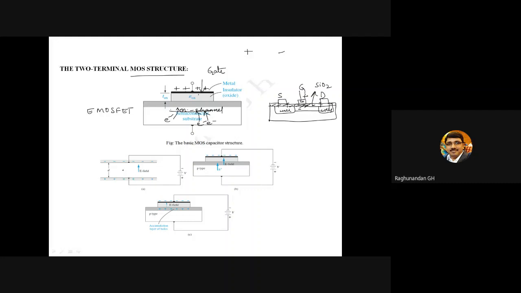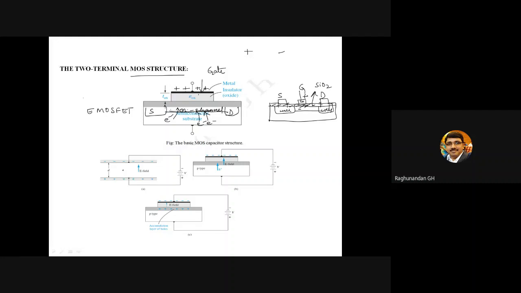We have to construct the channel. To construct the channel, we have to apply a positive electric field. When you apply a positive electric field, all the minority charge carriers present in the substrate get attracted towards the gate terminal, and they form an N-type layer, an N channel, such that we can connect our source and drain.